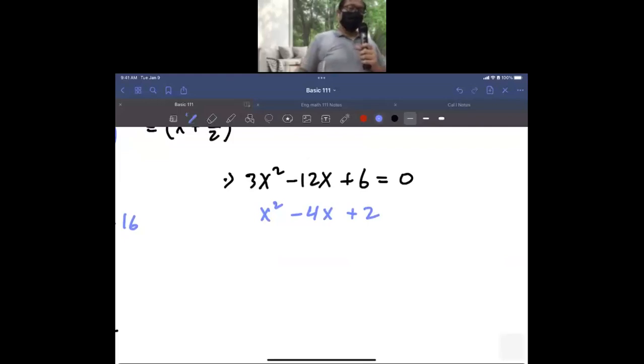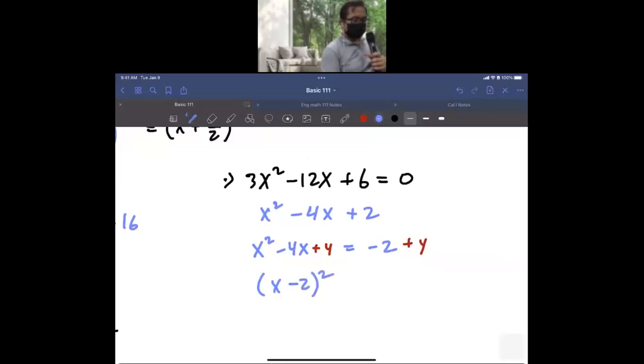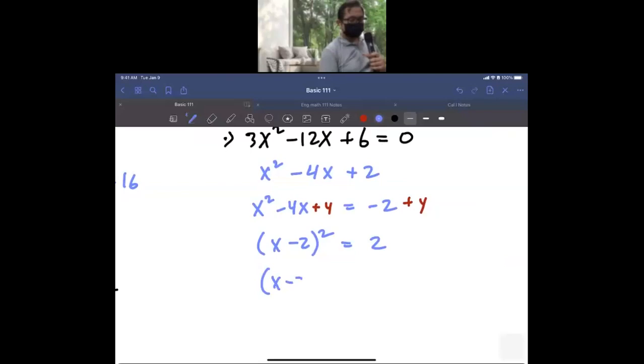And then complete the square like the first one. So the last part will be added with plus 4. This is also plus 4, right? So this will be x minus 2 squared. And this will be 2, right?